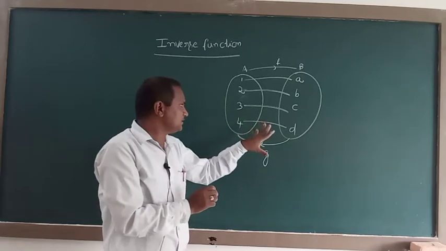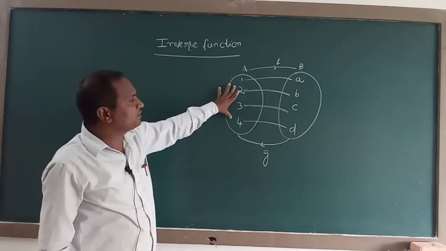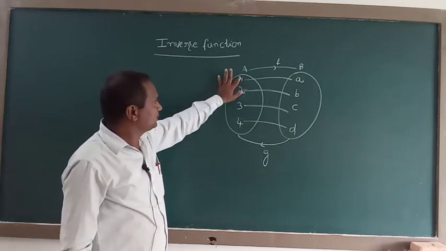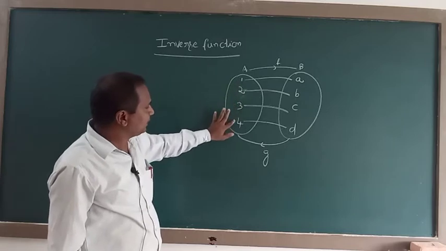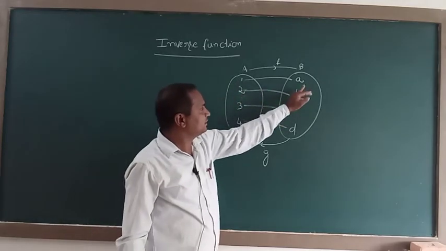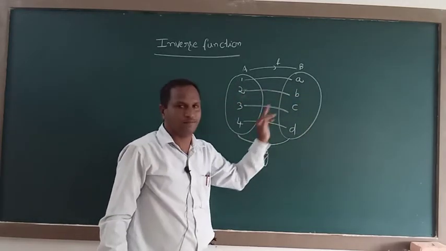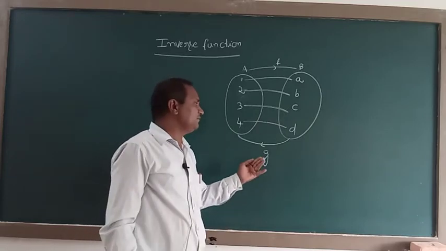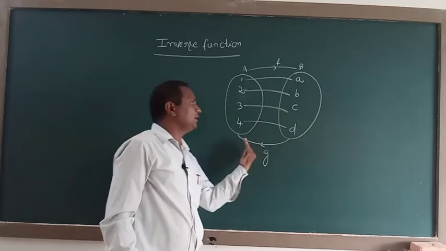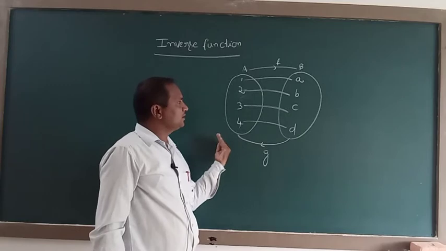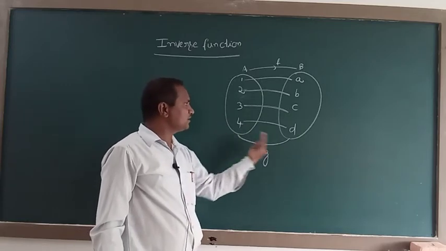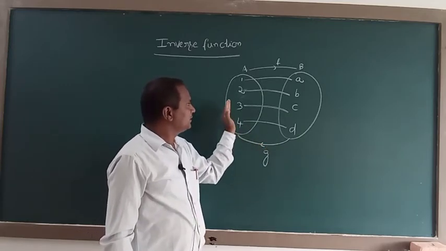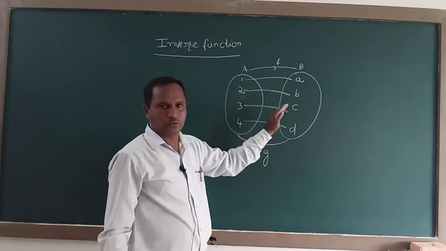See, if you observe this, f is both one-one and onto, because the different elements of domain A are associated with different elements of codomain B. Similarly, in the same way, if you move from B to A, B to A also becomes a function, which means it becomes both one-one and onto.